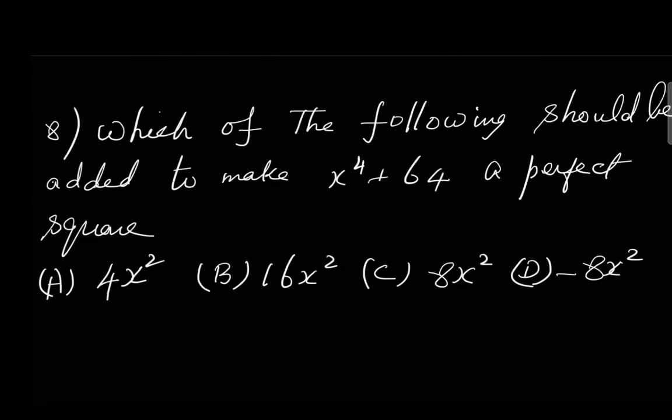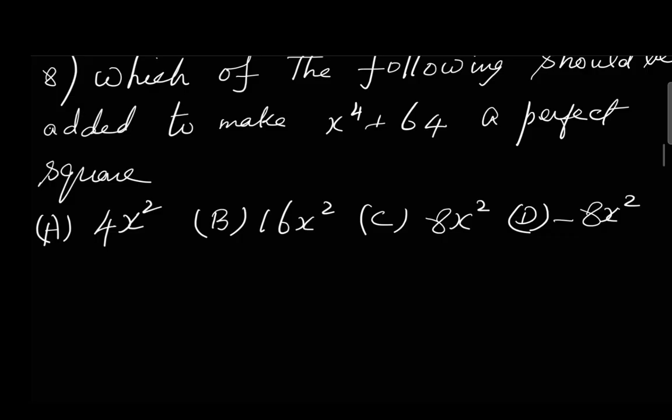Option 8th question. Which of the following should be added to make x power 4 plus 64 a perfect square? So this is an expression. Some terms should be added to make it a perfect square. Actually, x square the whole square. 64 is here 8 square. So in between you have to add which term? 2ab form, 2ab.